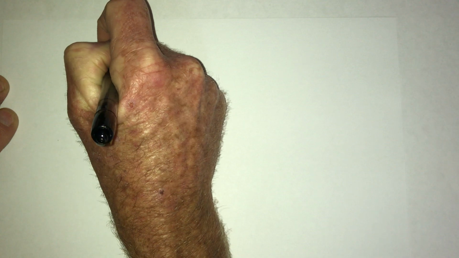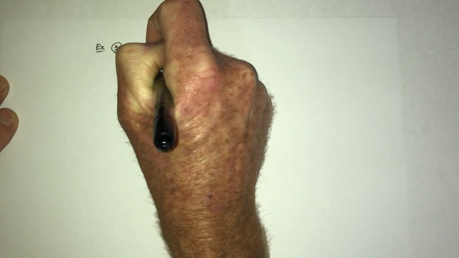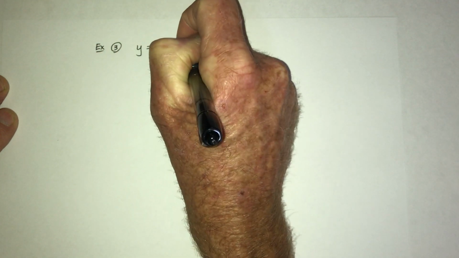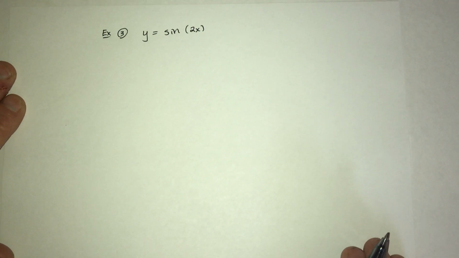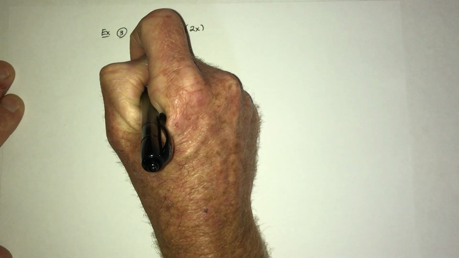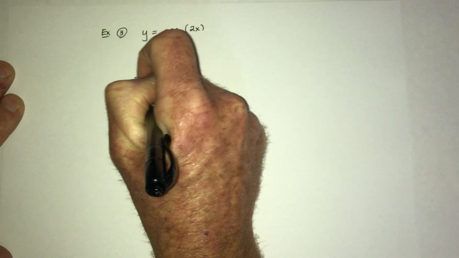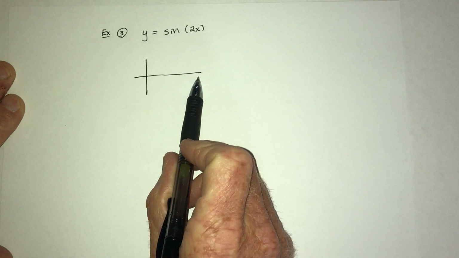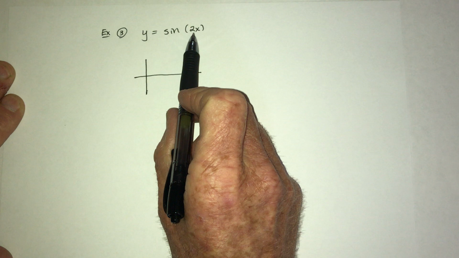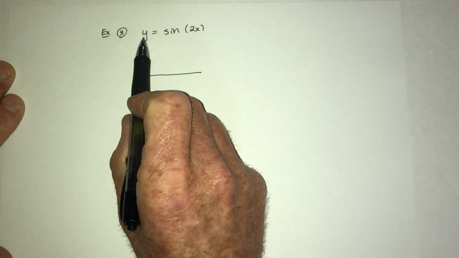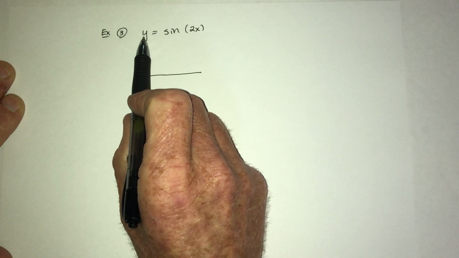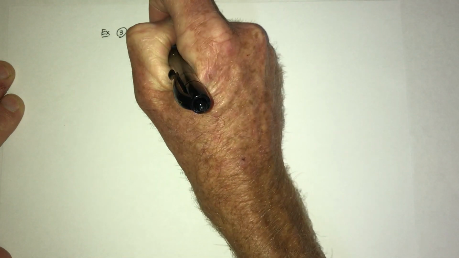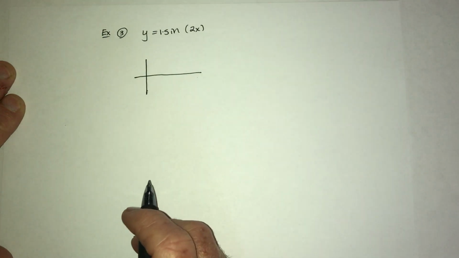So for example number 3, y equals sine, and now what if we put a 2 in there with the x? So that's going to change the x-axis. So usually the x-axis would go from 0 to 2 pi. But this is actually changing the x values. Notice that the y values are not going to be changed because it says y equals just a 1 times sine.